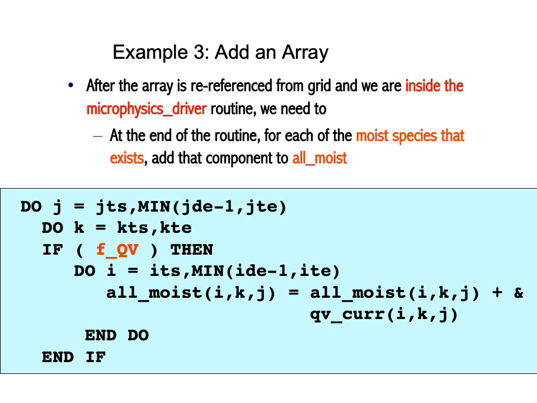F_QV is a flag that says, does this QV variable exist? So we would add a do loop with an if test that looked like this for each one of the moist species that we were interested in summing. So vapor, cloud, ice, rain, snow, graupel. We simply are saying all_moist is equal to all_moist plus the value of the vapor.